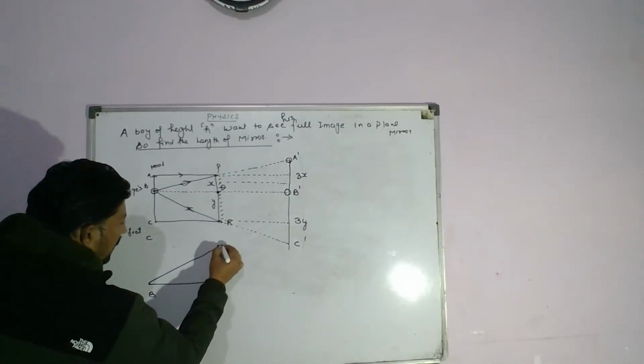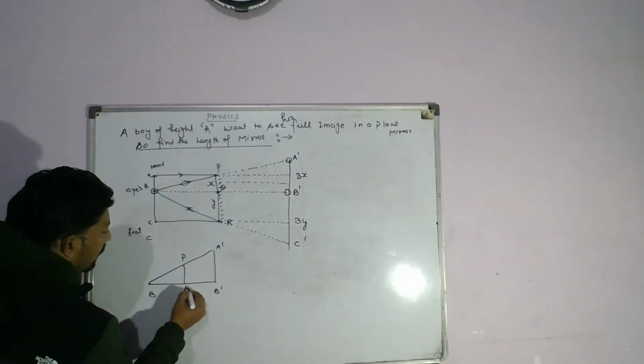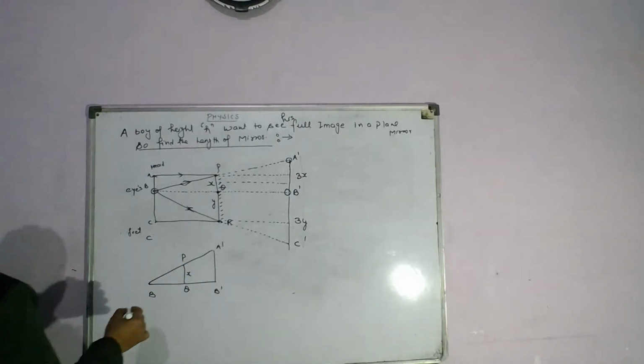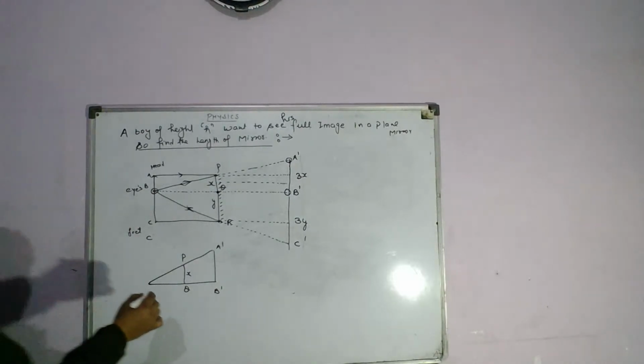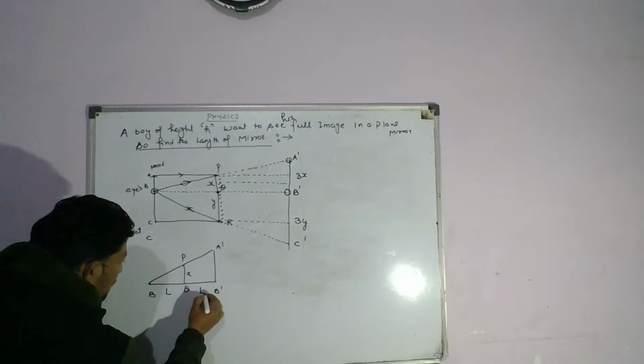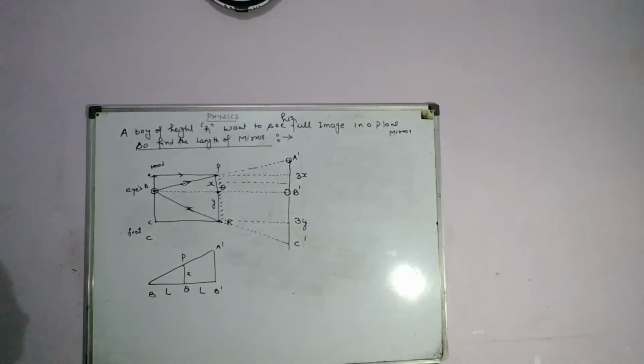This distance is PQ, and PQ is X. This distance is L, and this is also L. Suppose this is 2 centimeter, this is also 2 centimeter.